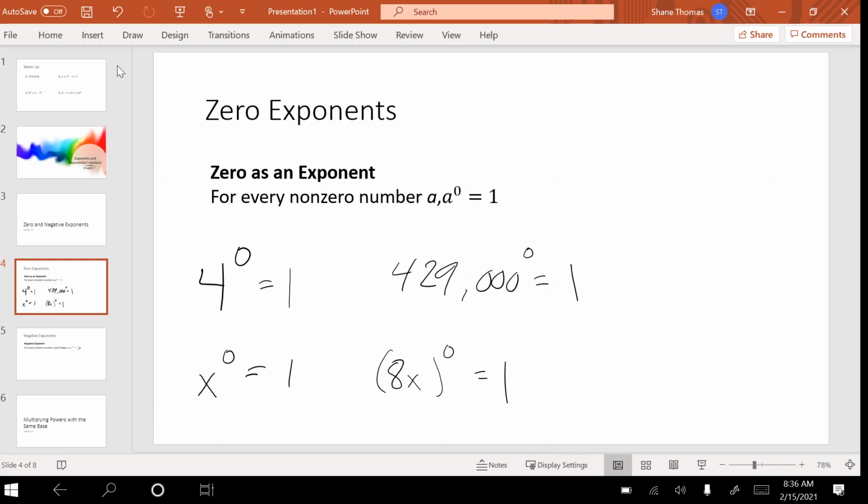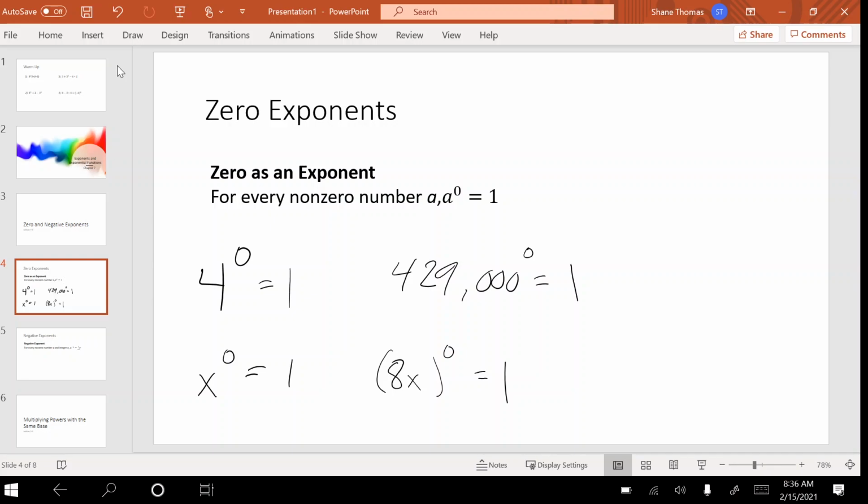Let's think about it. Something to the first power is itself, right? So 5 to the first power is 5. Now if I'm saying I want to take a number and multiply itself 0 times, I can't do it, can I? It doesn't even make sense. That's why it takes anything and everything back to 1.